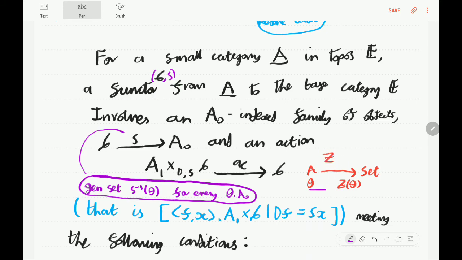It has Z of theta 1 and Z of theta 2 and Z of theta 3 and so on. So for any theta, which is an object of A naught, there's going to be this kind of collection of stuff.